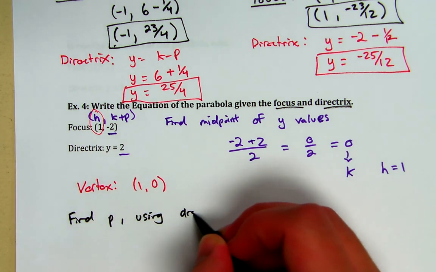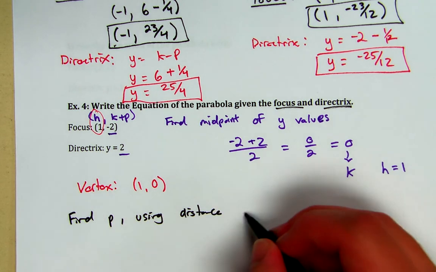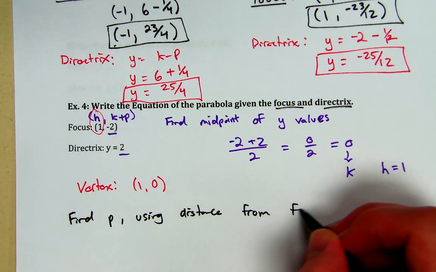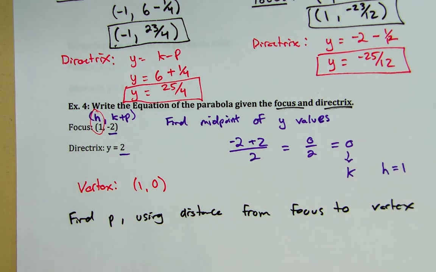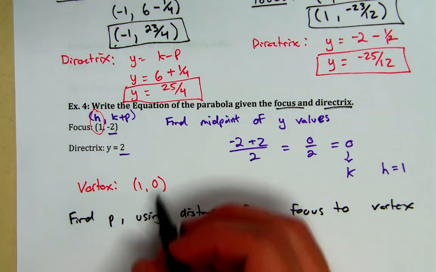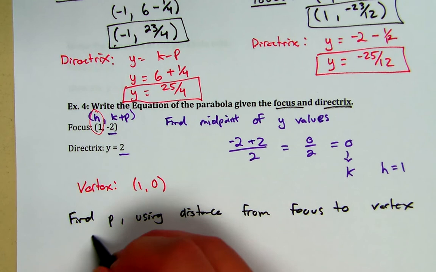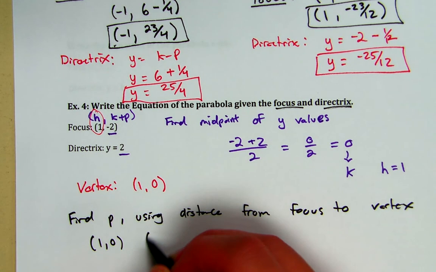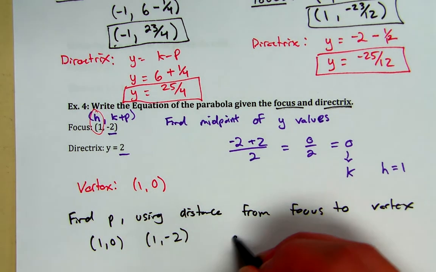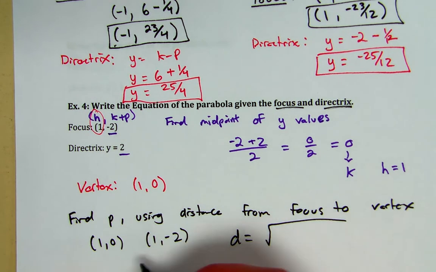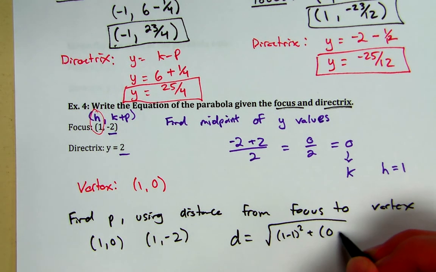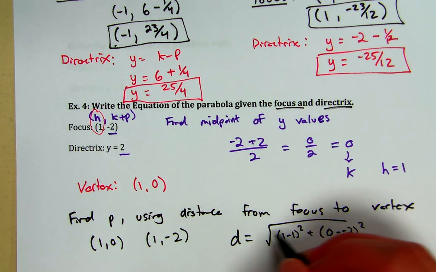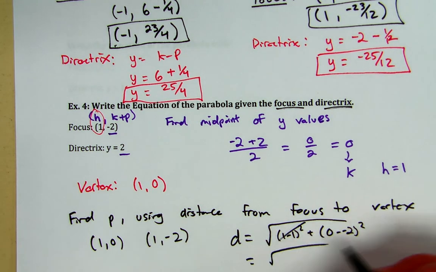We're going to use (1, 0) and (1, -2). So d equals the square root of (1 minus 1) squared plus (0 minus negative 2) squared. We get the square root of 4, which equals 2.